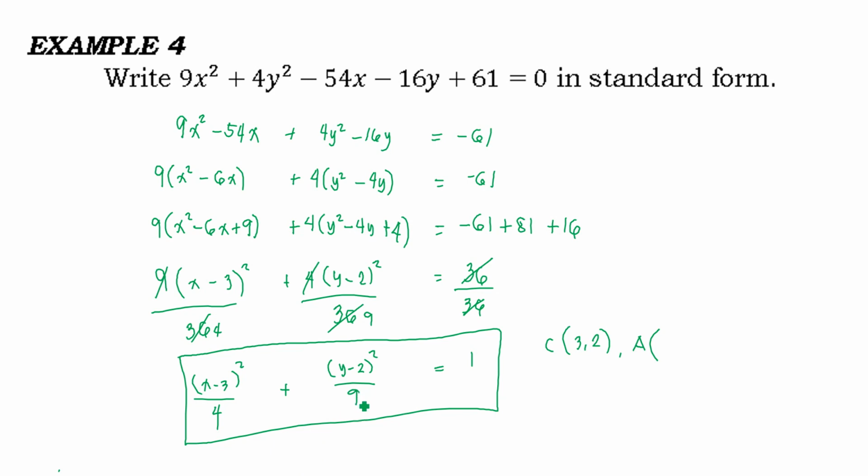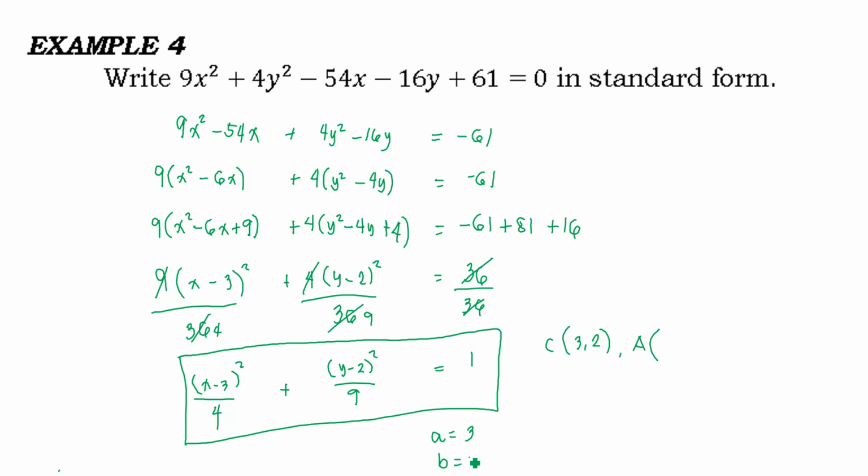So therefore, vertical siya. So katulad ng ginawa natin kanina, we extract muna ang A at saka ang B. So our A is the square root of 9, which is 3. And B is the square root of 4, which is 2.